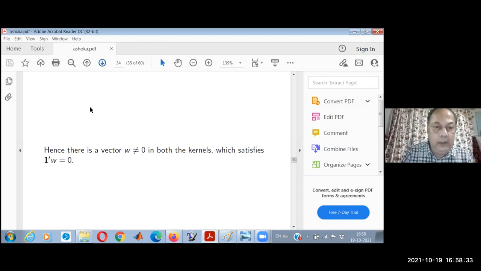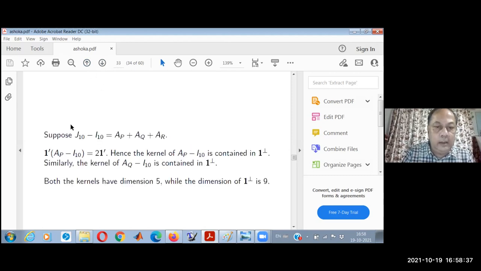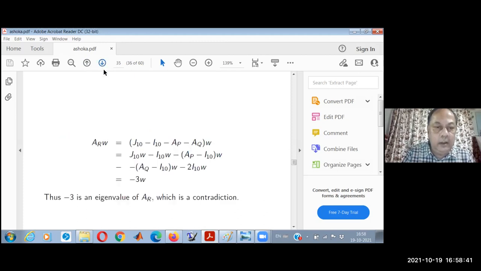And this is where we start manipulating the equation. So go back. I'm trying to contradict this equation. So I bring AR to one side and everything else to the other and multiply by the vector W. W is in the kernel of both AP minus I and AQ minus I. So this is just a rearrangement. If you multiply by W, then J10 times W is here, then I10 W. Then I have added and subtracted one I10.